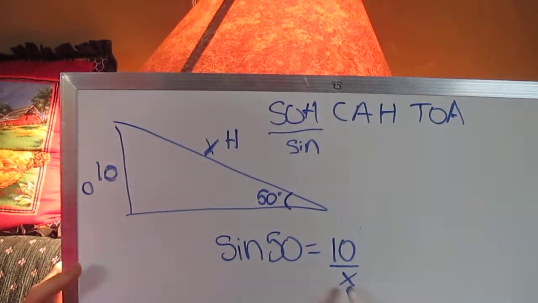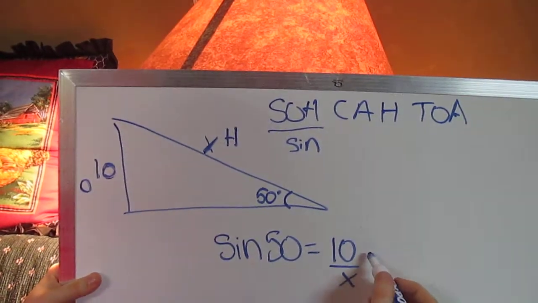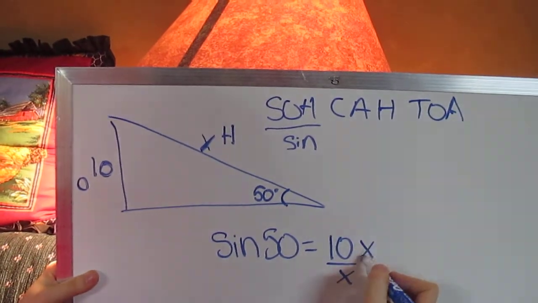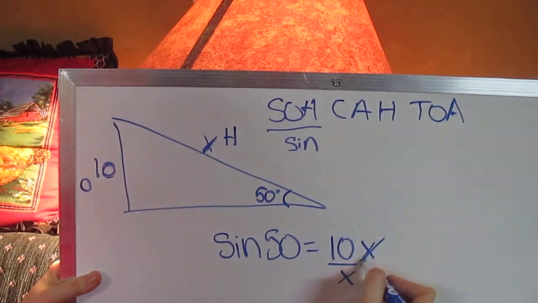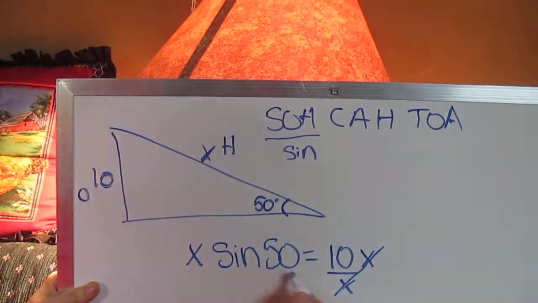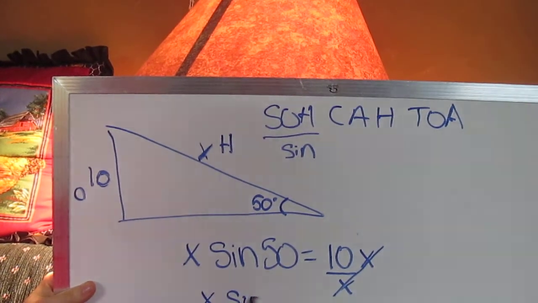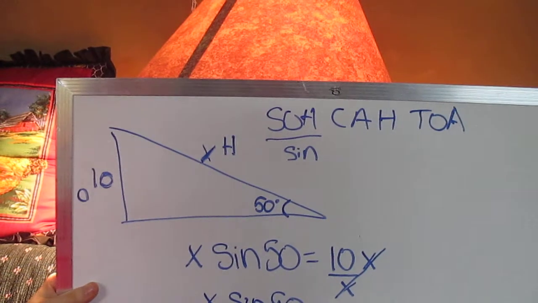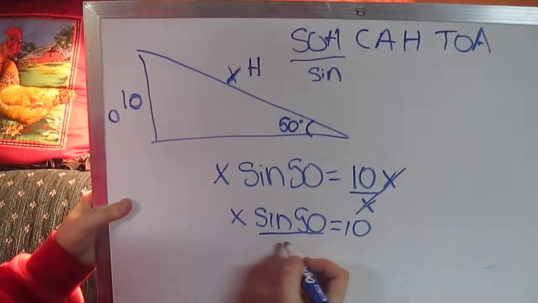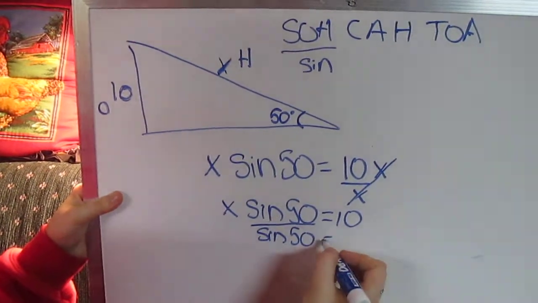So now we can't have this X on the bottom, so you have to get rid of it. So you multiply it out and bring it over here. Now we still can't do this, so you will divide by sin 50 so it can be brought to the other side.